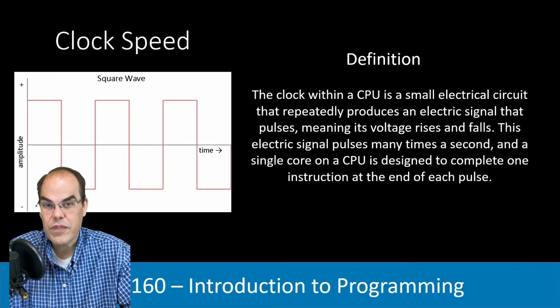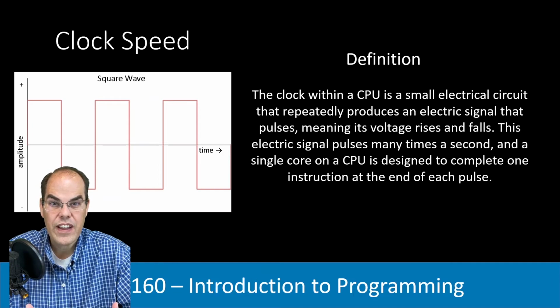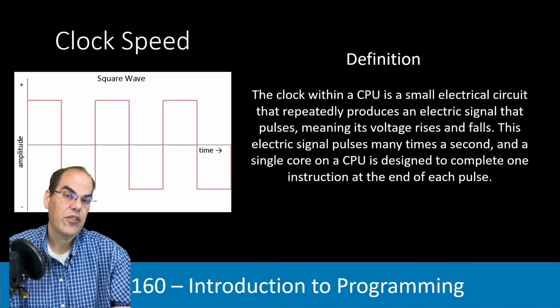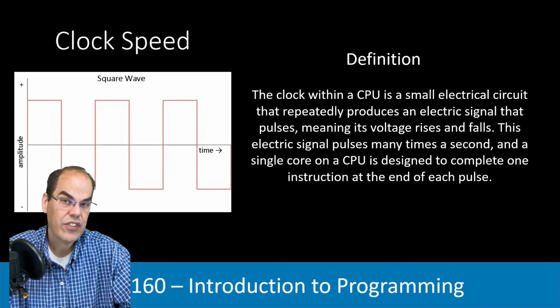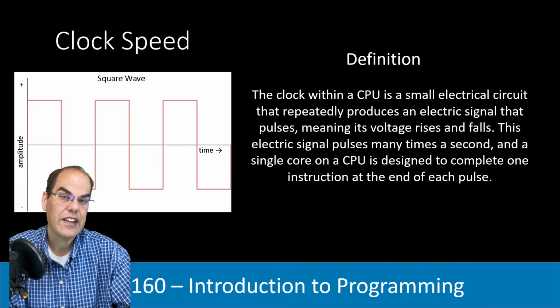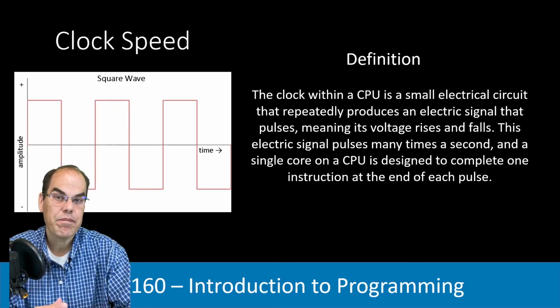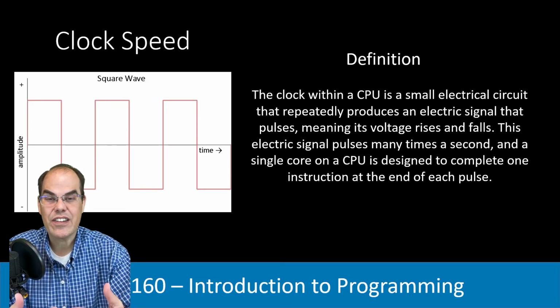Say you have a quad core processor. So instead of 2 billion instructions per second, if you have a quad processor, it's 4 times that potentially. And they happen at the same time. Each core is like a little mini processor that can be functioning at the same time. And they happen exactly at the same moment because they use the same clock.